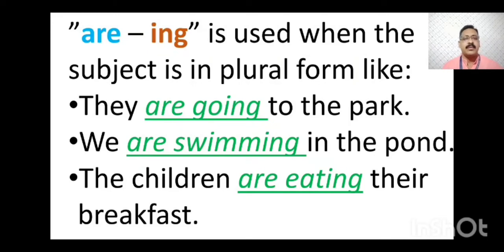Are with ing is used when the subject is in plural form, like they are going to the park, we are swimming in the pond, the children are eating their breakfast. So here are is used when the subject is plural.